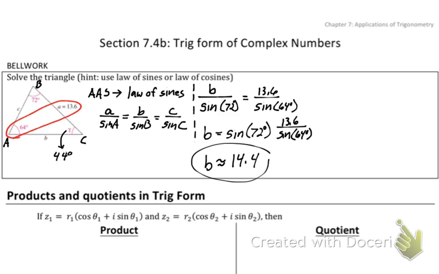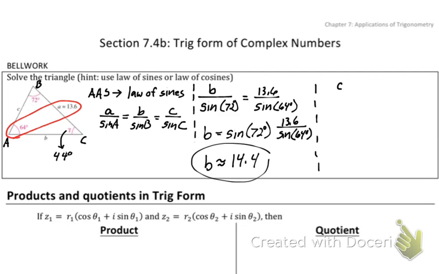And once I do one of them, it makes sense: this is 13.6, so it makes sense that B is 14.4. If this came out to like 1,063, I'd be like, I made a mistake. Or if it came out to like 0.03, I'd be like, I did something wrong. It came out pretty reasonable. So that tells me that I'm going to do C the exact same way.